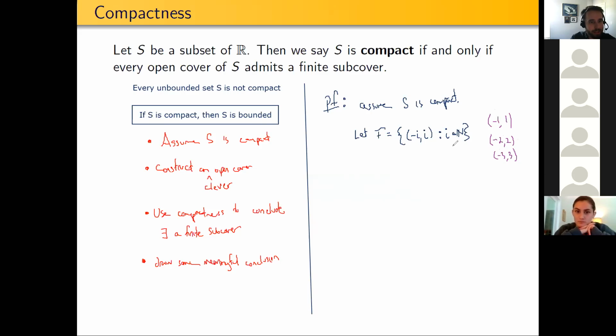I'm going to claim that this set F is definitely an open cover of S. We have to convince ourselves of this; it's not an immediate given. But it's a collection of open sets. All of these are open intervals: -1 to 1, -2 to 2, and so on. Every single point on the number line will eventually fall into one of these.